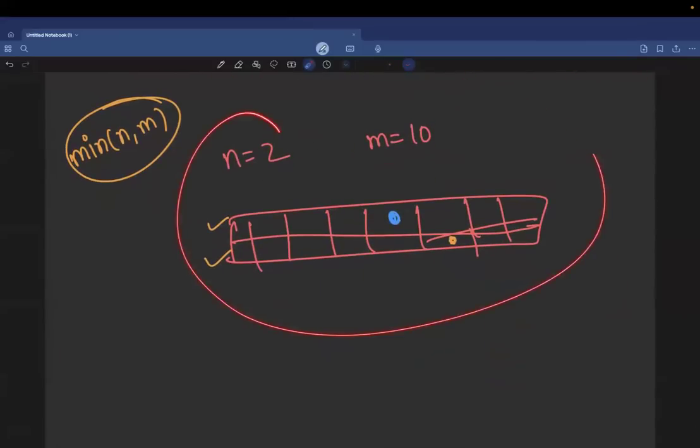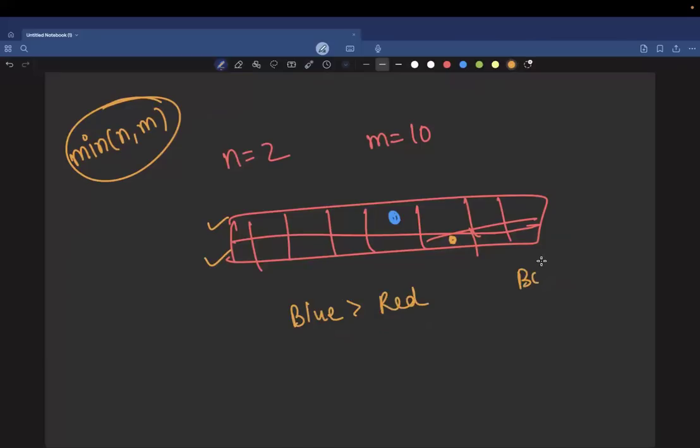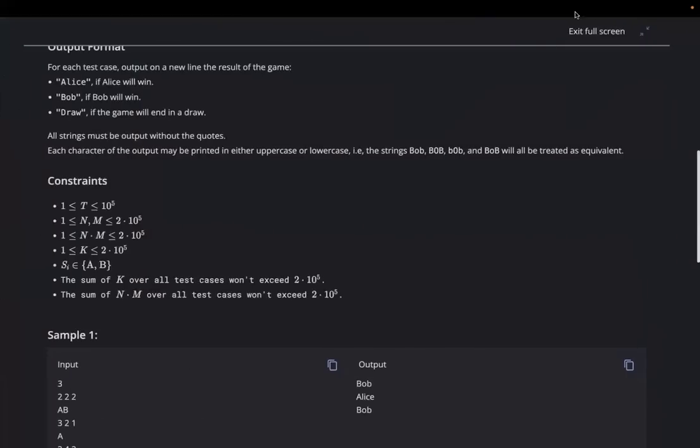So you could have actually done some brute force approach here, that choose any random cell and color the complete row and the complete column and repeat the same process again and again, and eventually at the end of the day, just look at the number of red cells and the number of blue cells, and if blue is greater than red, then the answer is Bob. If it is less than red, then the answer is Alice. And if the blue and red are equal, then the answer is draw. So that's it for solving this problem. Here is my code.